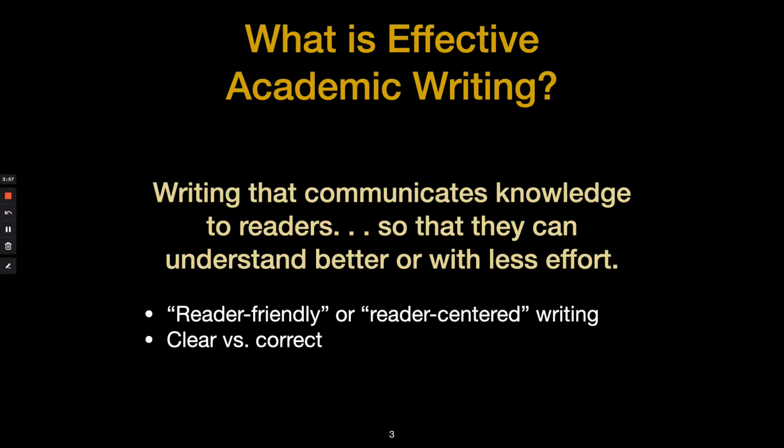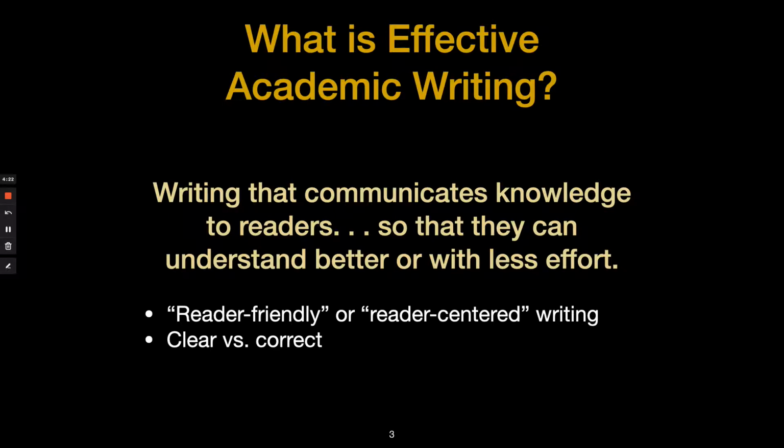So we can also ask ourselves what makes writing effective or not effective. And so we'll go back to this communicative model. Writing is more effective when it communicates better. And so another way to put that is to say writing that communicates knowledge to readers is effective when readers can understand it better or with less effort.